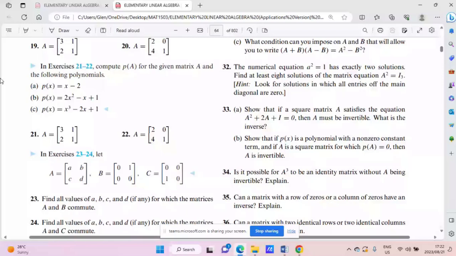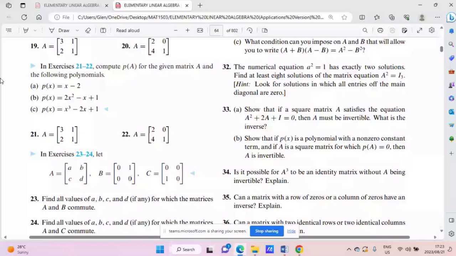What did you get for A? My first row was 3 1, and the second row 2 1. Then I subtracted 2 times the identity, which is 2 0 0 2.